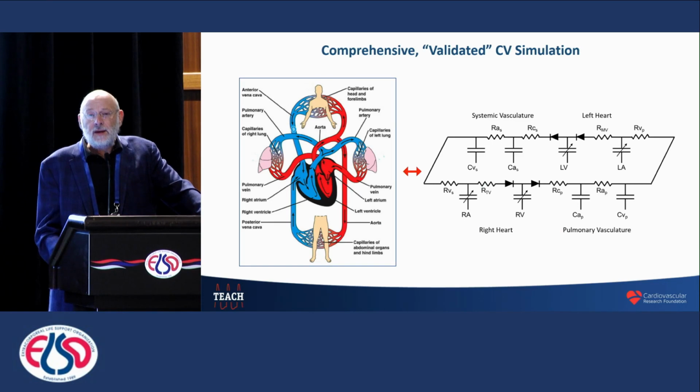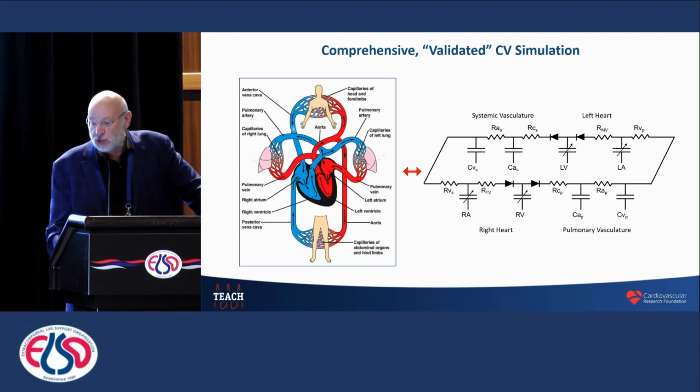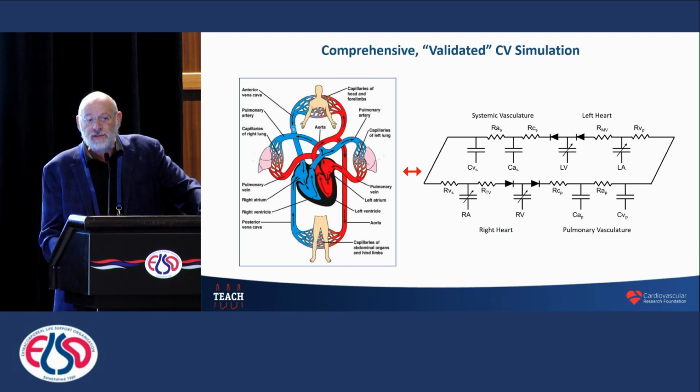The cardiovascular system is basically a couple of pumps and a lot of tubes that are connected with each other. That lends itself very readily to mathematical simulation. On the left, we see an animation of the cardiovascular system, and on the right side, an electrical analog.